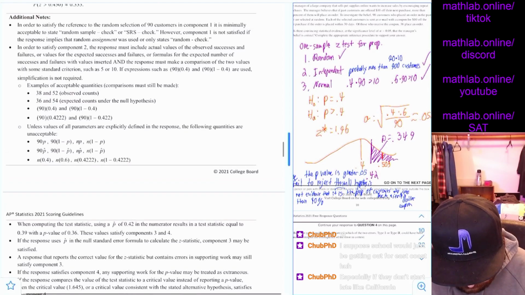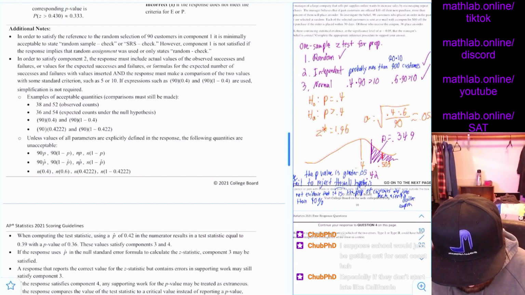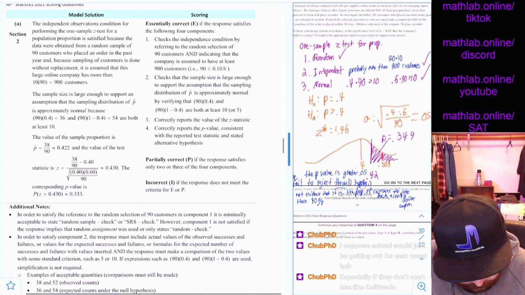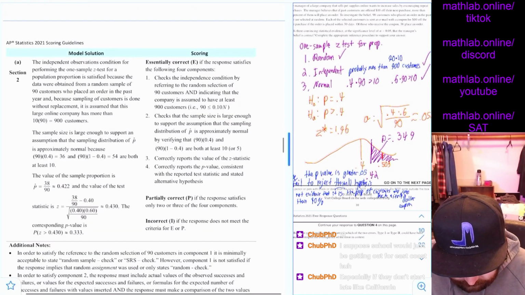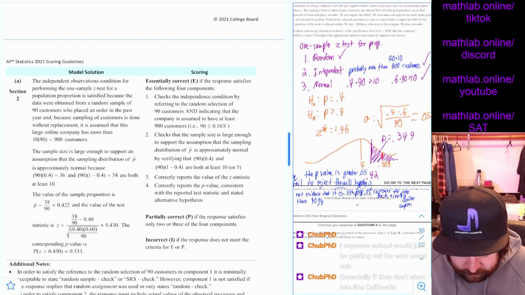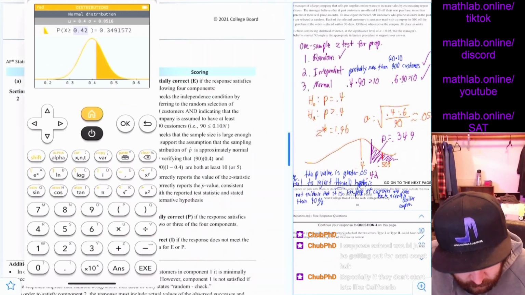Wait, what? I also got a different p-value. Because they use 0.43. Oh, no, because that was their z-score of 0.43. How did they get a different p-value than me?